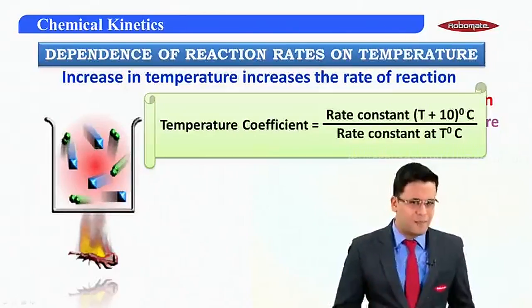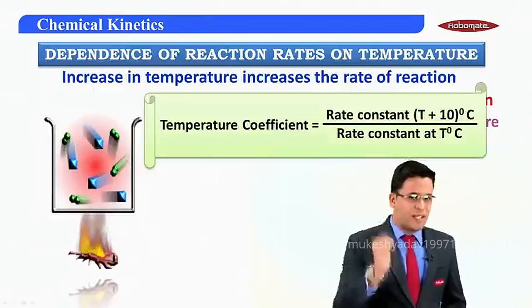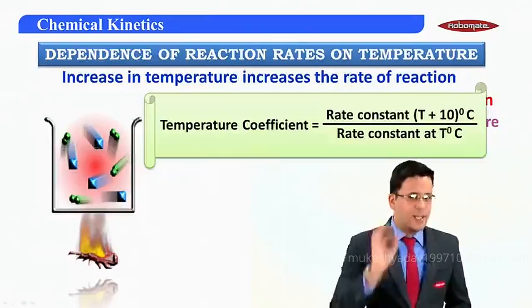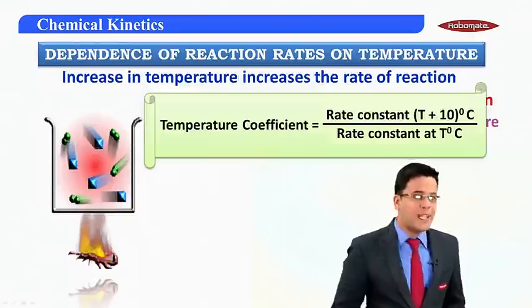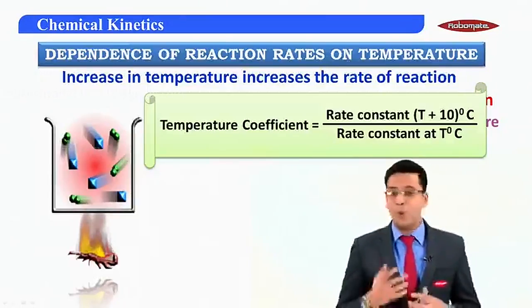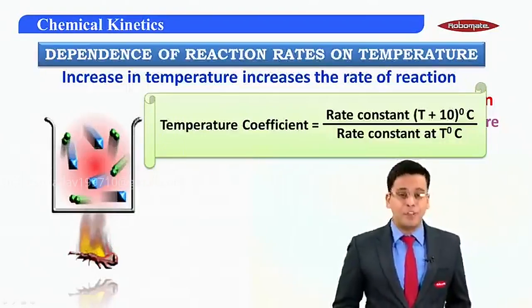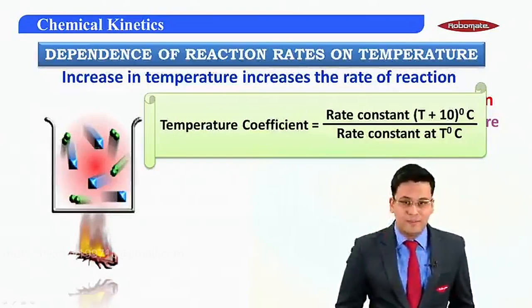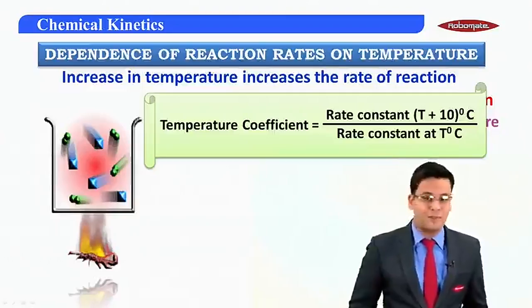For example, the rate constant at 30 degrees Celsius divided by the rate constant at 20 degrees Celsius is the temperature coefficient, and more often than not, it happens to be almost 2. You can also get MCQs on this.